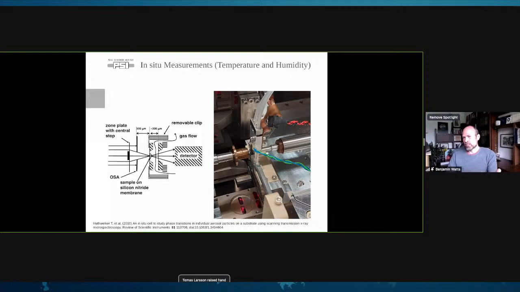So we can look at something like water uptake in a sample. This has been used a lot by a group at PSI for looking at atmospheric particles. So say particles of smoke and sort of organic things that are thrown into the air by sea spray, and looking at how these are affected by ozone.